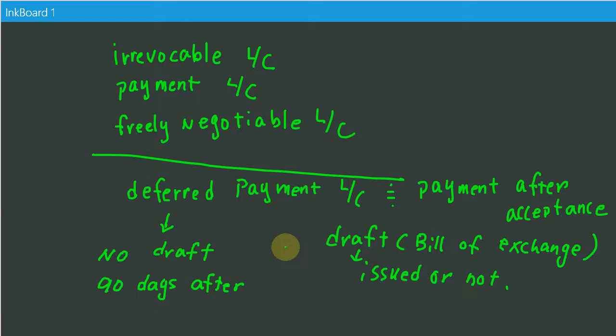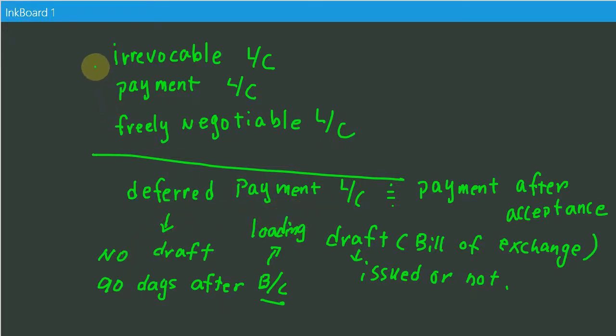I'm sorry, after BL, bill of lading. It is expressed like this: 90 days after BL. The meaning of BL is loading cargo, loading shipment, right? In this case, deferred payment LC.